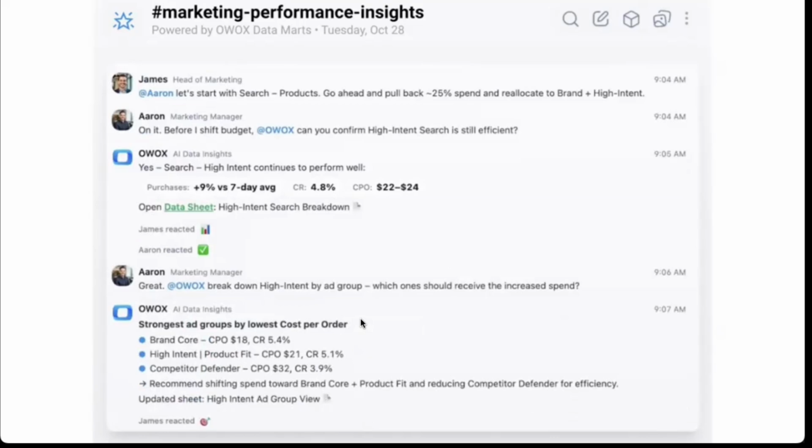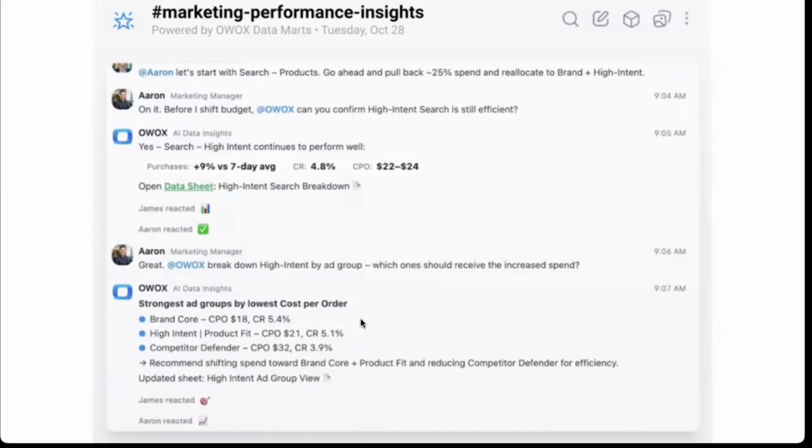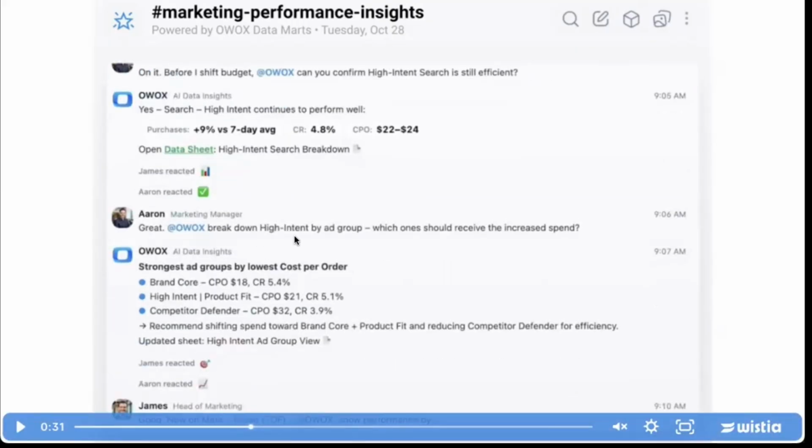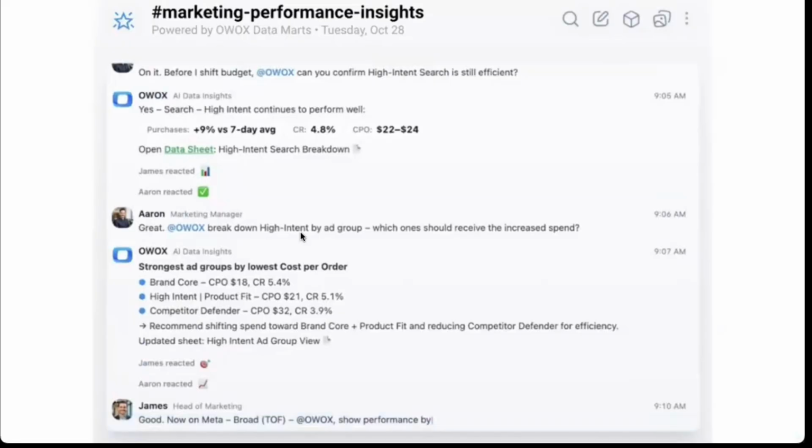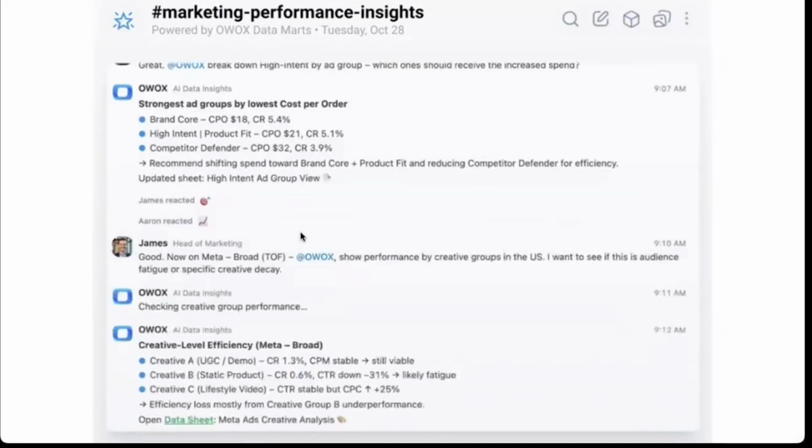So the manager asks if we can drill down to the ad groups or creatives to find out, in this campaign where we have the recommendation to increase the budget, what ad groups or what creatives work the best.